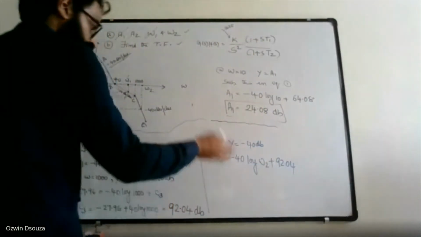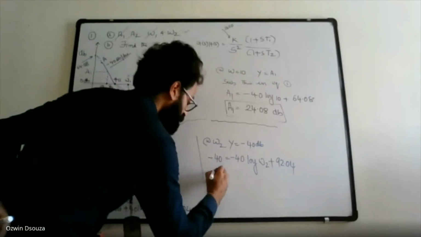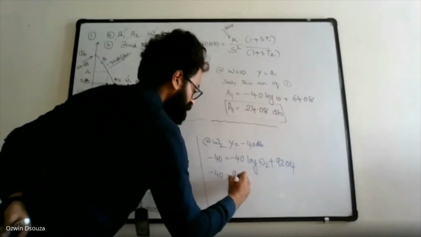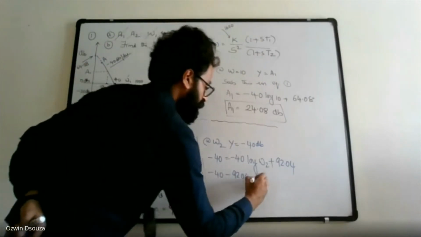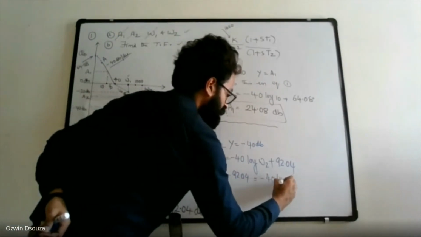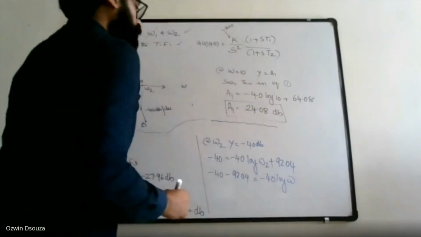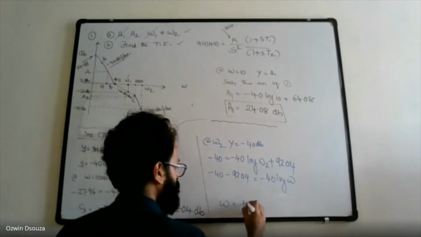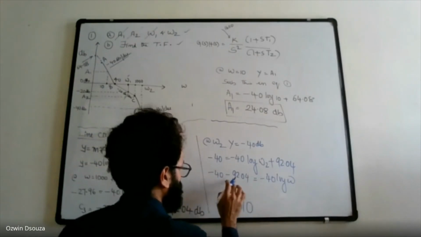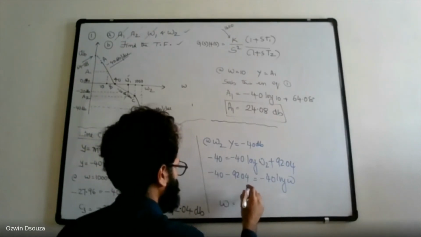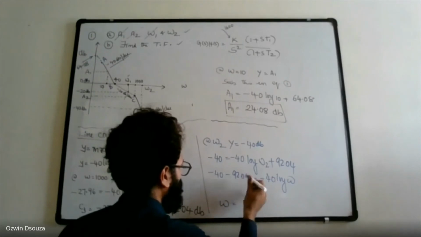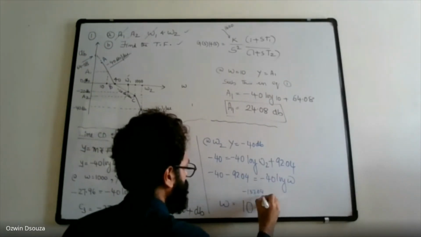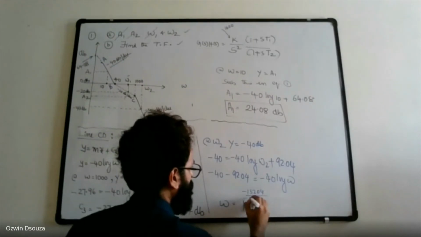Okay, so you can take minus 40, take this on LHS, minus 92.04 is equal to minus 40 log omega, or omega is equal to antilog of, that is 10 to the power, this is minus 40 minus 92, minus 132.04 divided by 40.